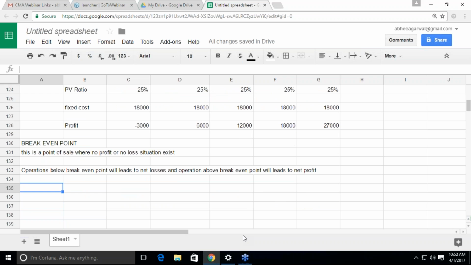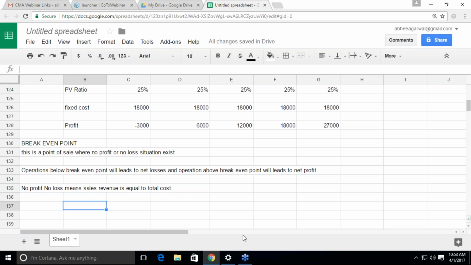Okay. So what is the break-even point? Where no profit, no loss situation exists. No profit, no loss means sales revenue is equal to total cost.